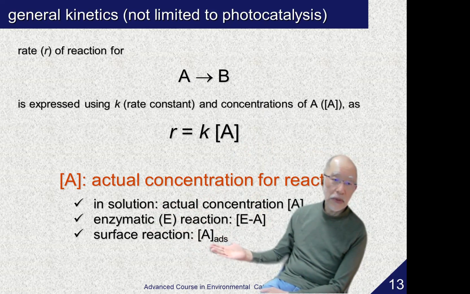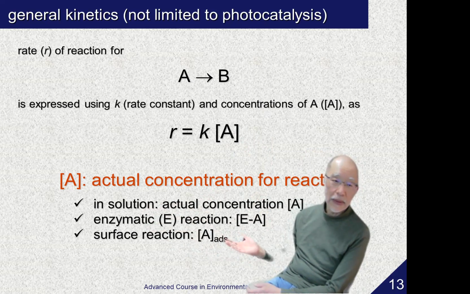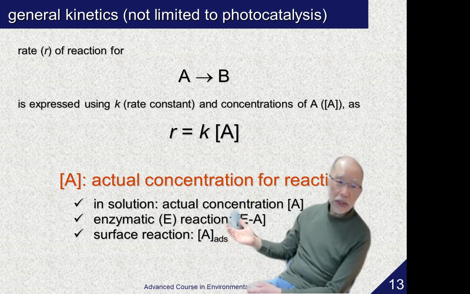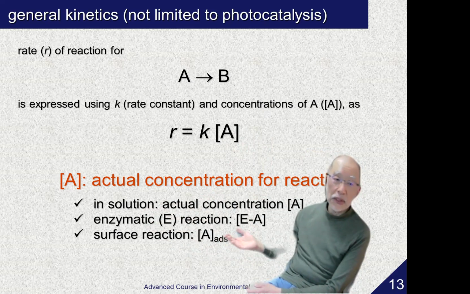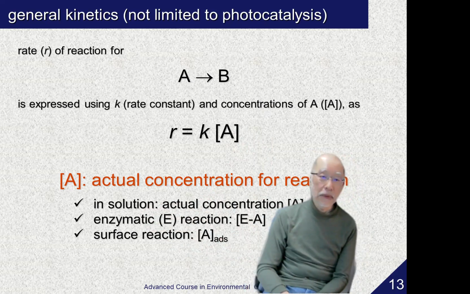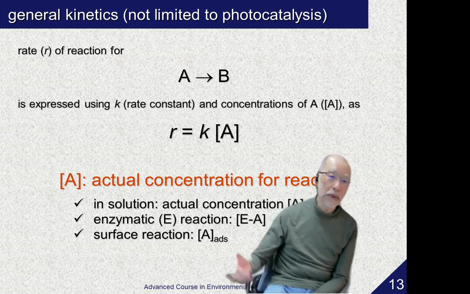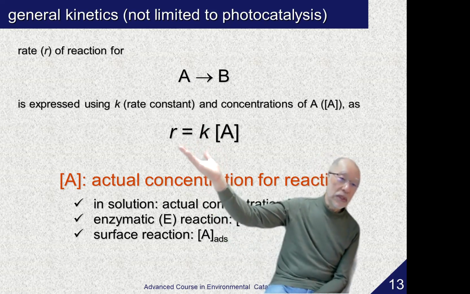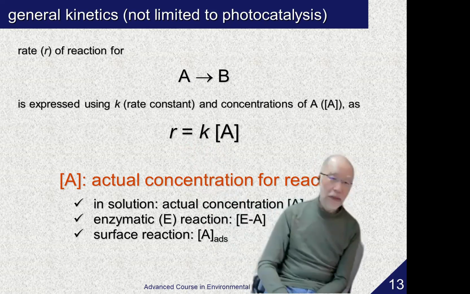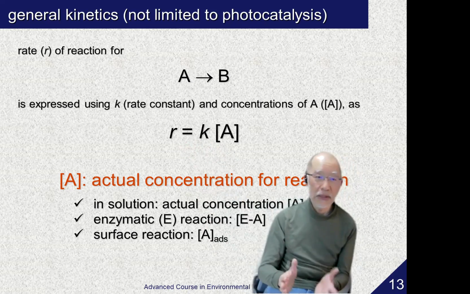And for a surface reaction, A must be A on the surface, the adsorbed amount on the surface. So it is possible to use this equation, but this is just a necessary condition.